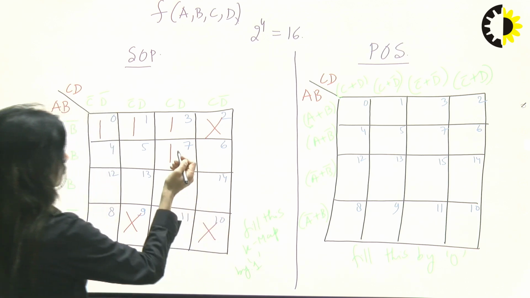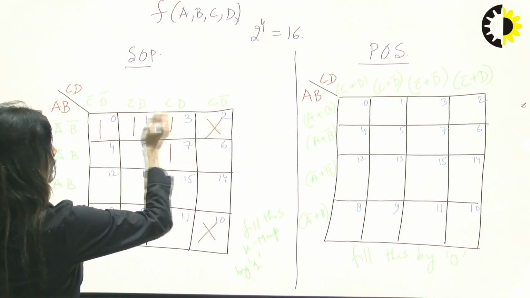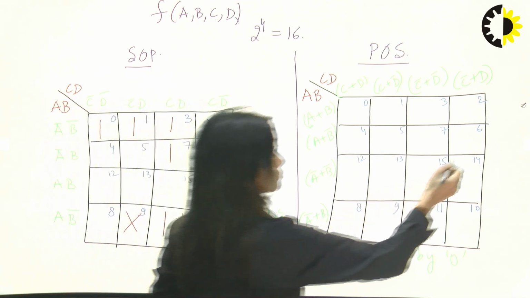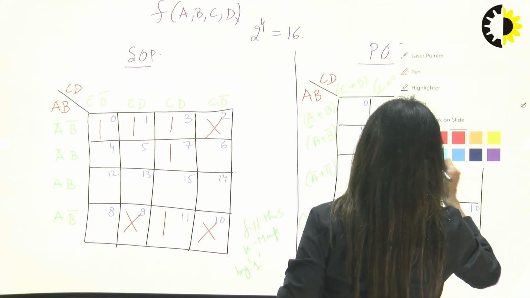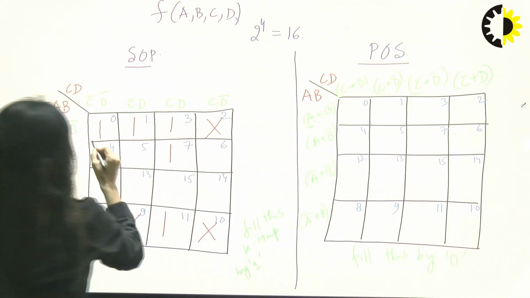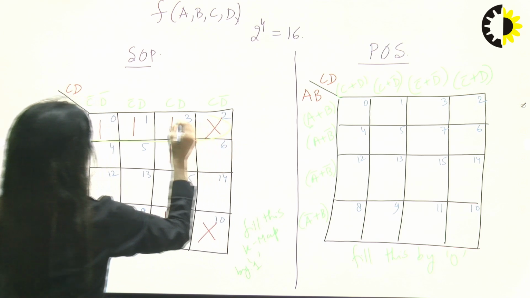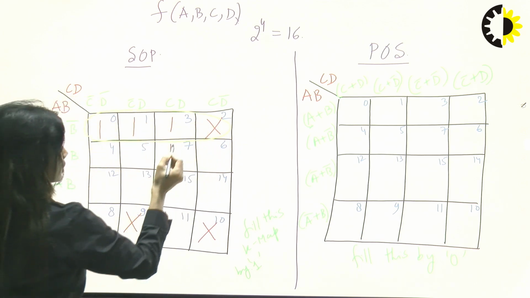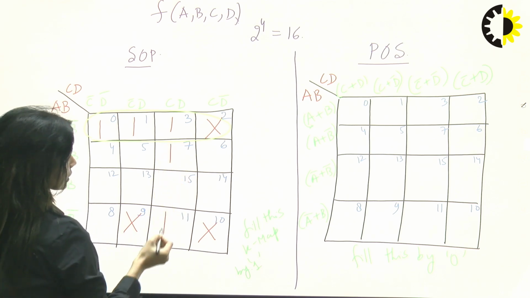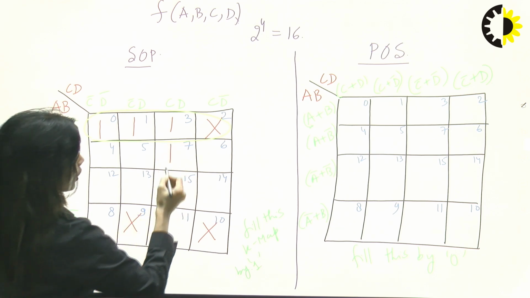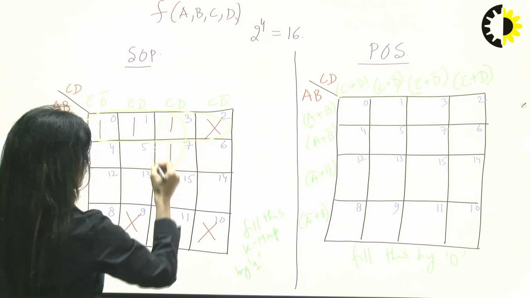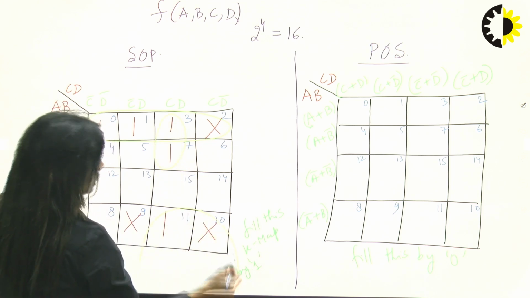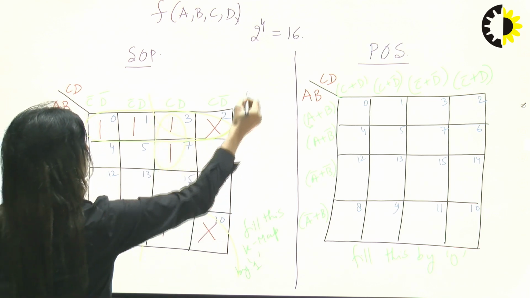Here we can see this as 1. One quad can be made to cover all the ones, right? Now to cover this one, there is no quad, but one pair can be made, and one more quad can be made: 11, 10, 2, 3, like this.